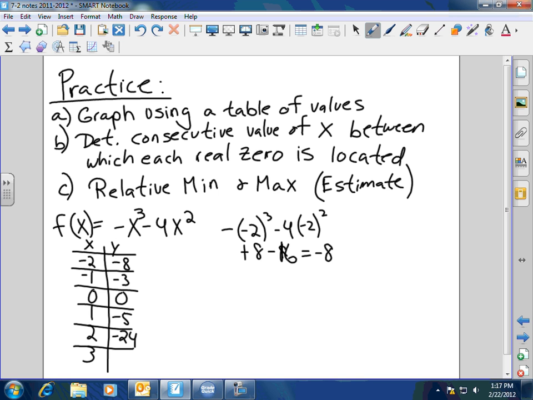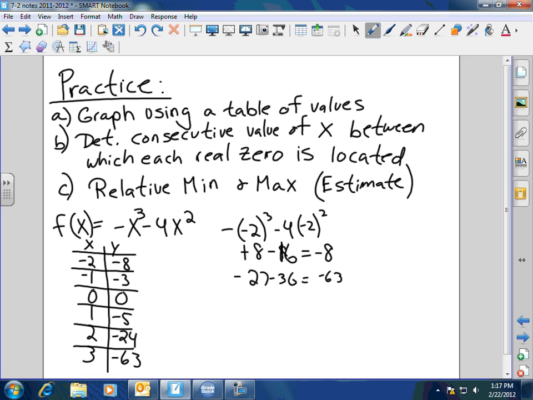And when x is 3, it's going to be negative 27 minus 36, so it's negative 63. Make sure you guys get that, please. Everyone with me so far?